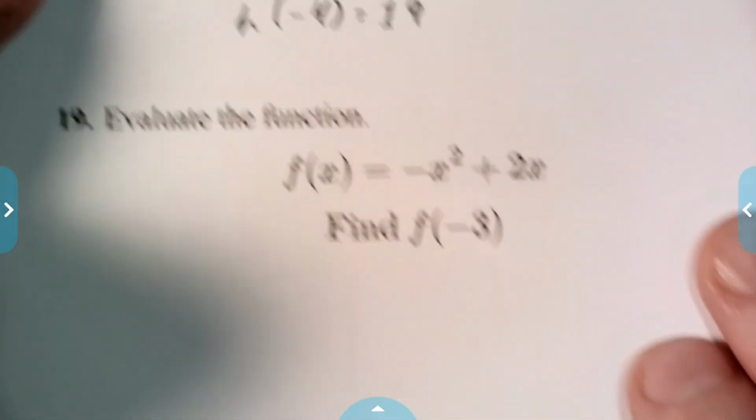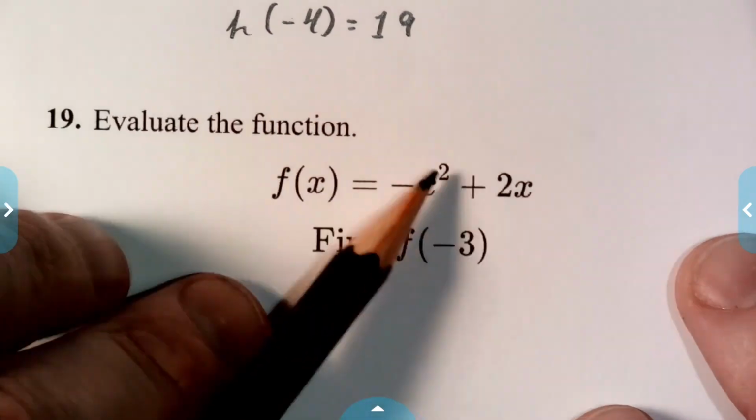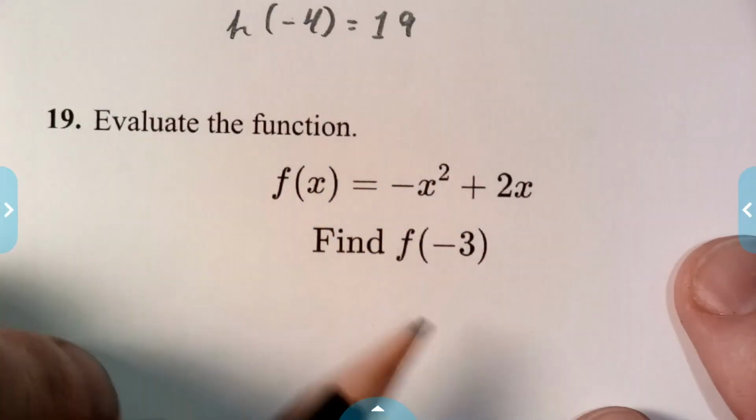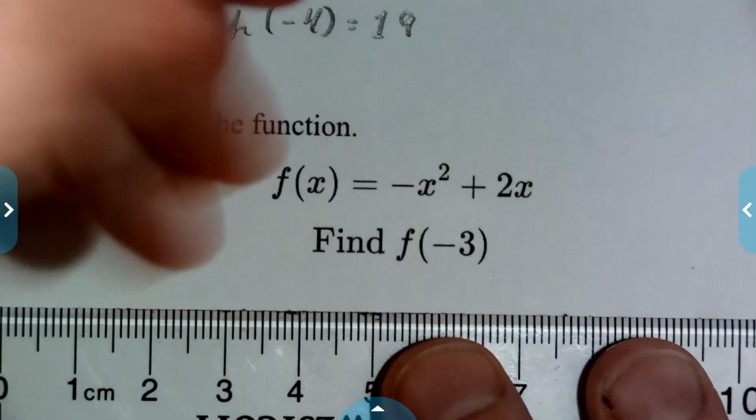Moving on to number 19. This time we're given a quadratic and we're asked to find f of negative 3. So it's the same process.